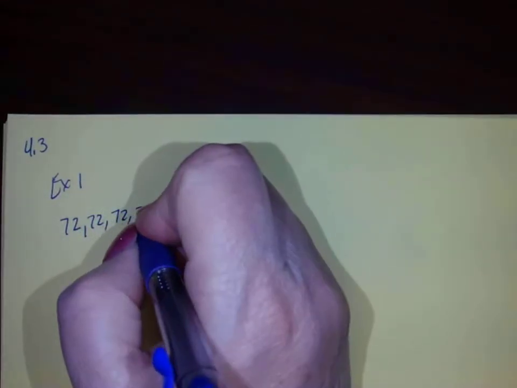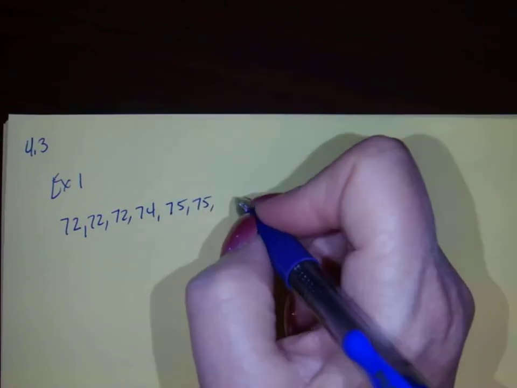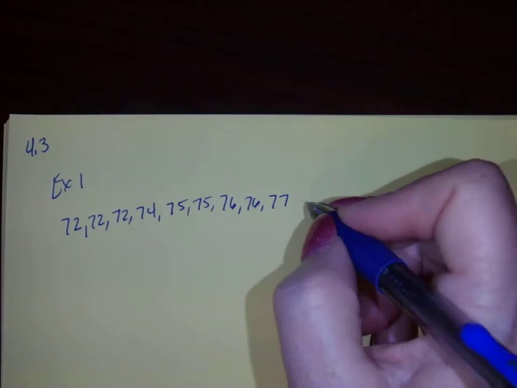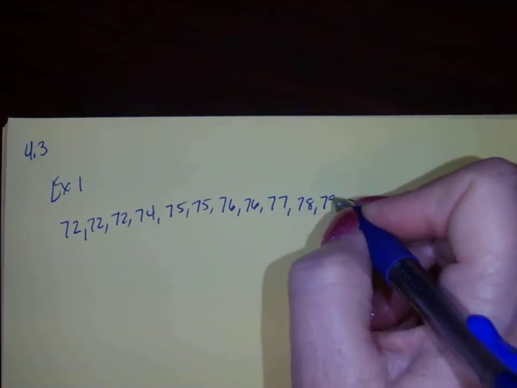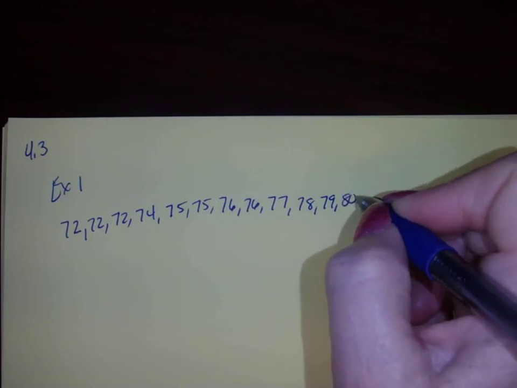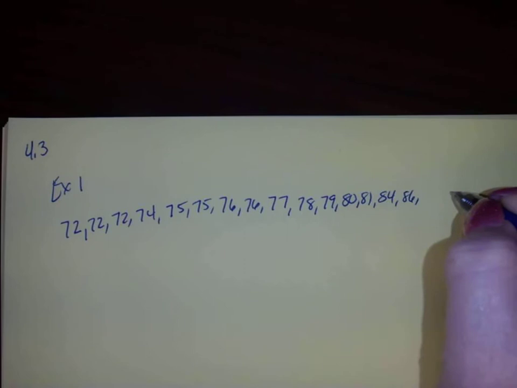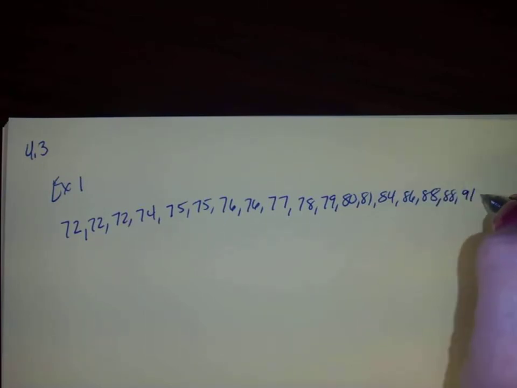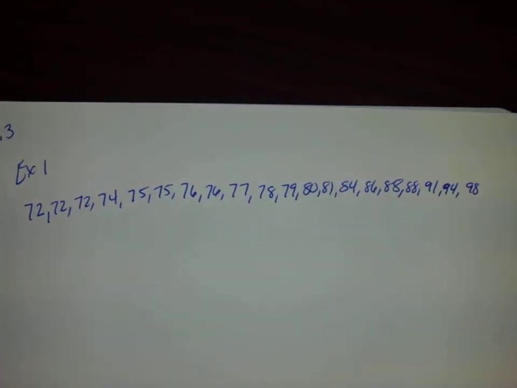And then 74, and 75, 75, 76, 76, 77, trying not to go slanty, 78, 79, 80, 81, 84, 86, 88, 88, 91, 94, and 98. All right, good. I got them all in one line.